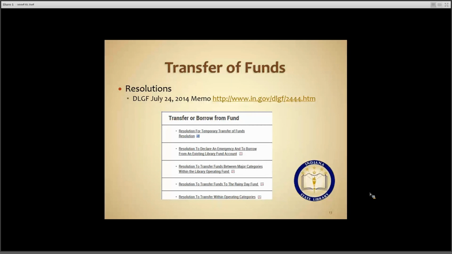You can transfer funds or borrow funds. This requires a resolution. Transferring from a fund is governed by the DLGF Transfer Procedure Memo.